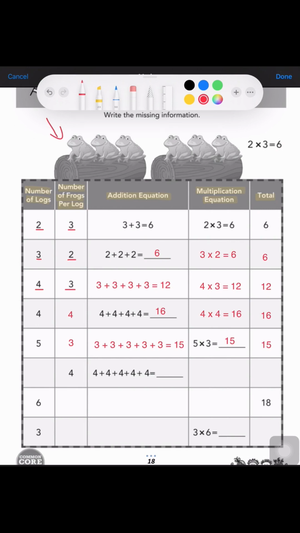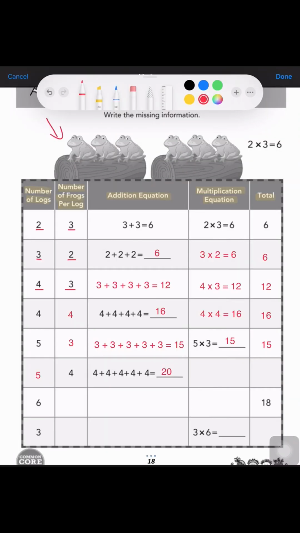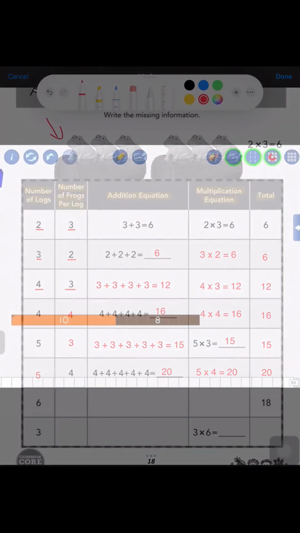Next question, the addition equation is 4 plus 4 plus 4 plus 4 plus 4. 5 times of 4, so there are 5 logs. So 4 plus 4 plus 4 plus 4 plus 4 equals 20. So 5 times 4 also equals 20. Next question, there are 6 logs and the total number of frogs is 18.